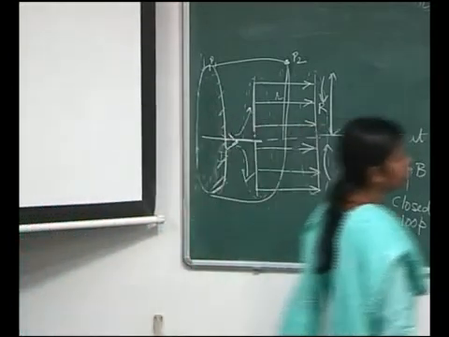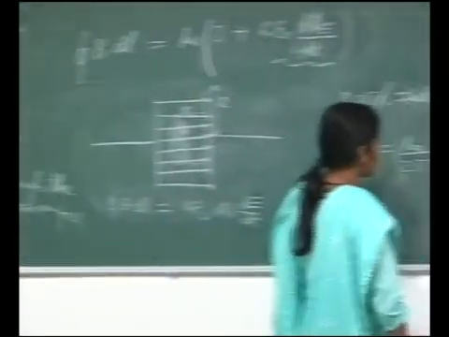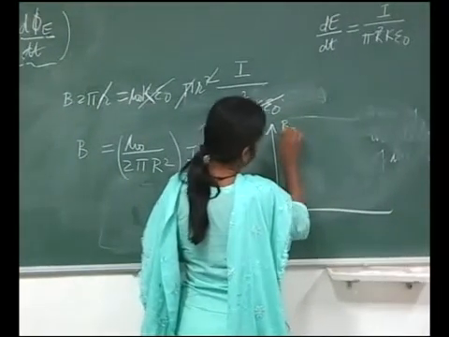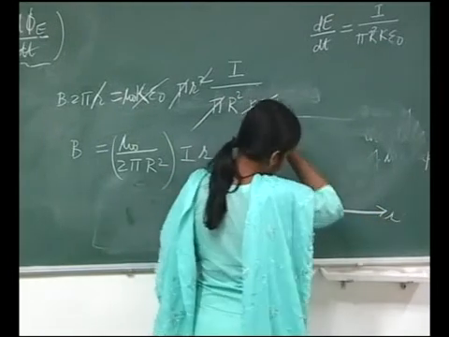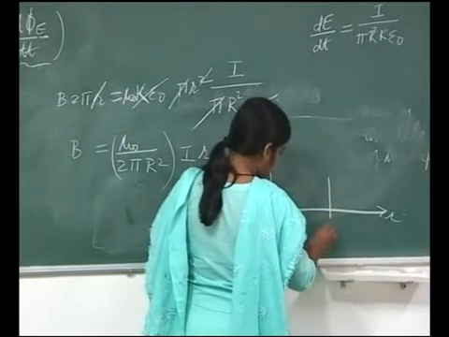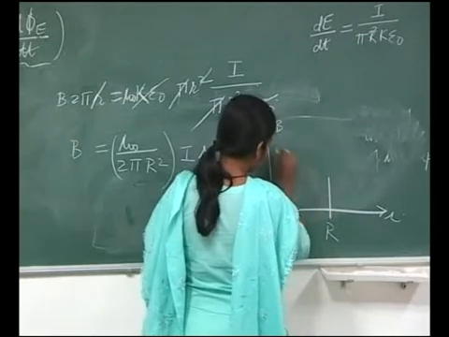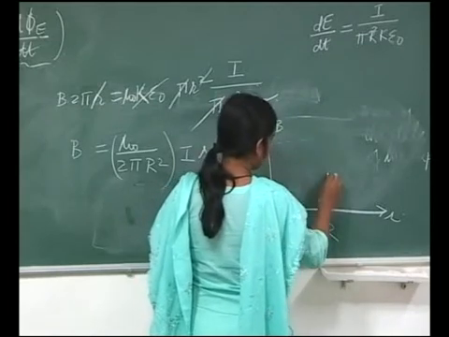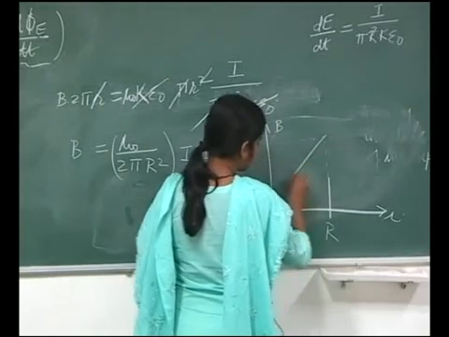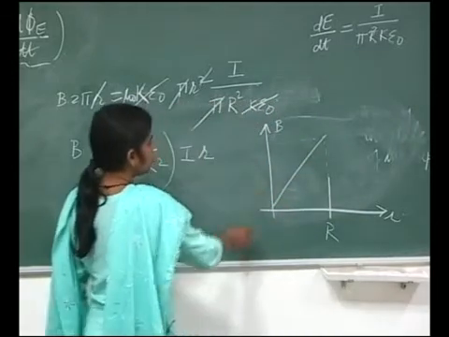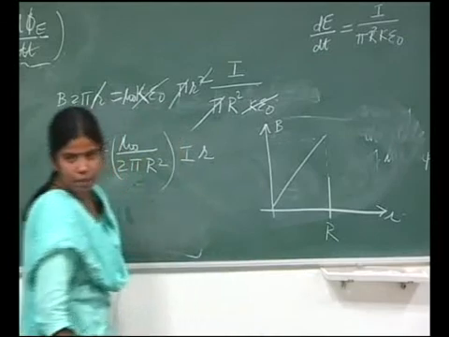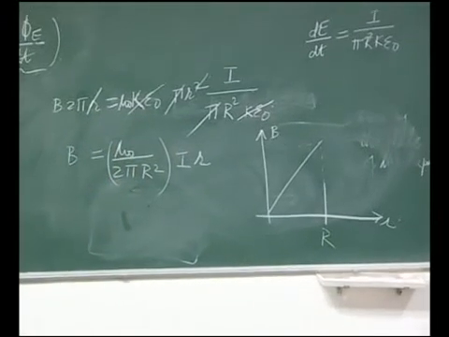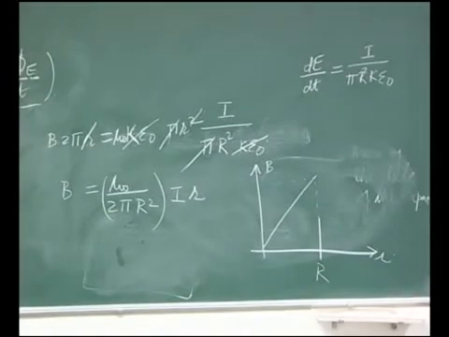So, that is amazing. It means I can draw a plot here. I have B here, and let this be the small r, and if this point is capital R, then say this is B. So up to point R, the field will increase linearly because B is proportional to r.